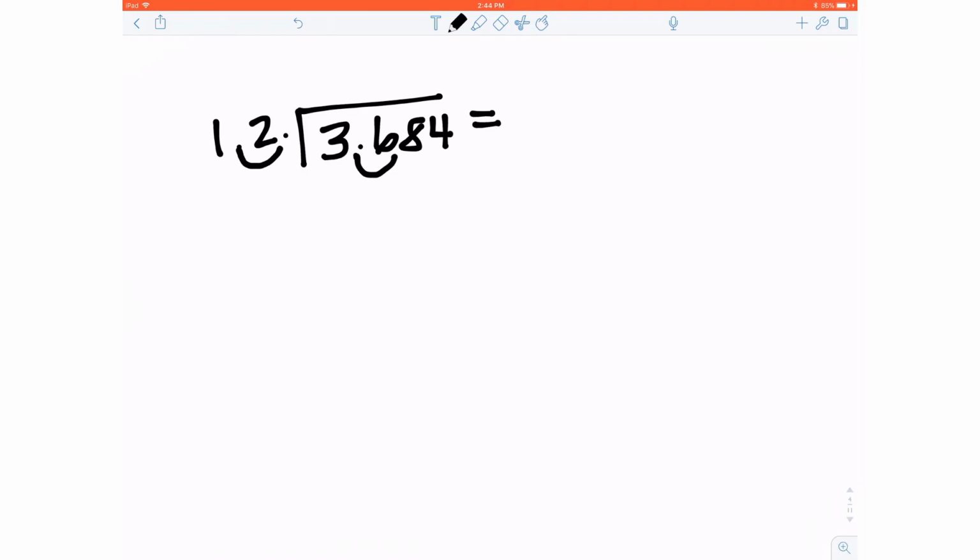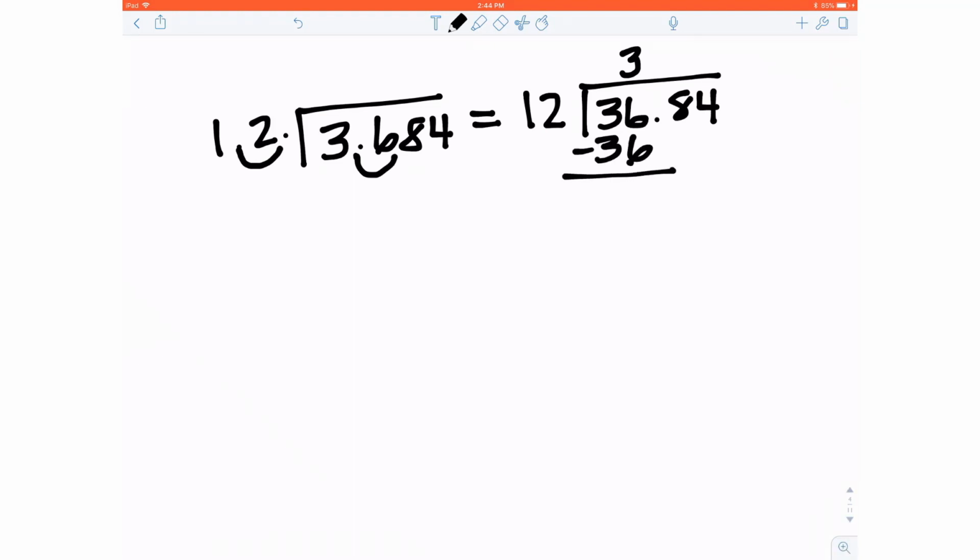So this gets rewritten as 12 goes into 36.84. Okay? So now 12 can't go into 3 because it's way too small. So we're going to do 12 into 36. So 12 times 3 is 36. 36 minus 36 is 0.